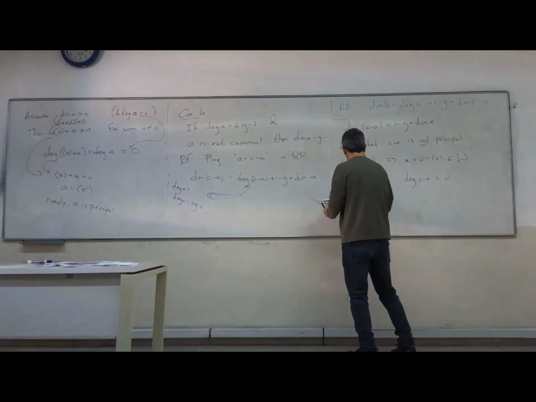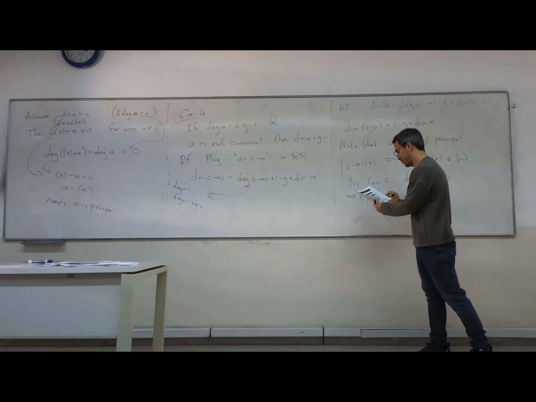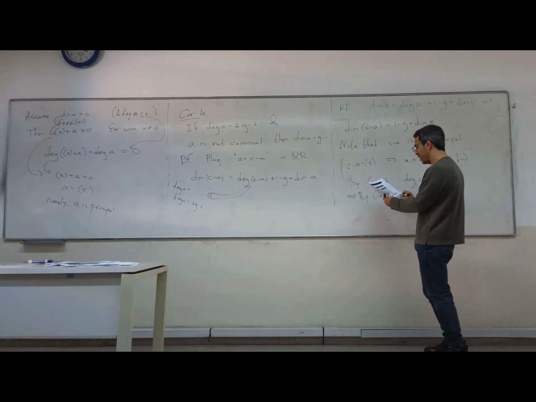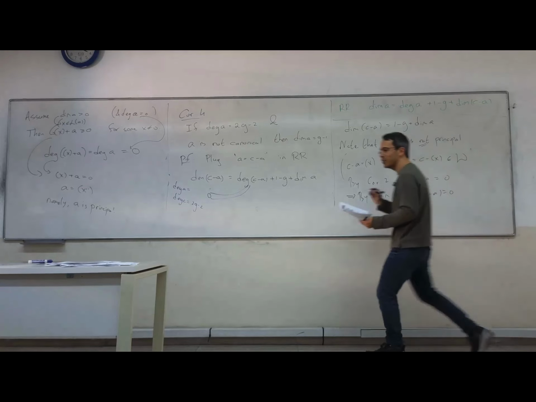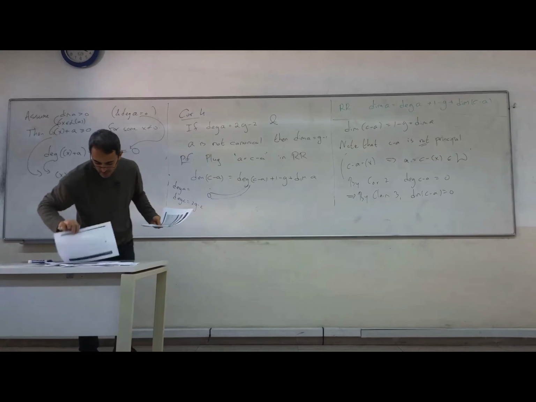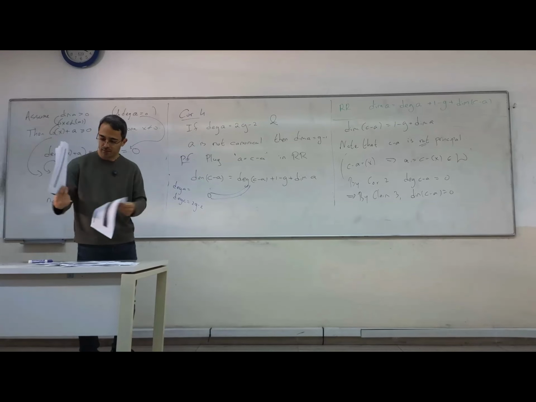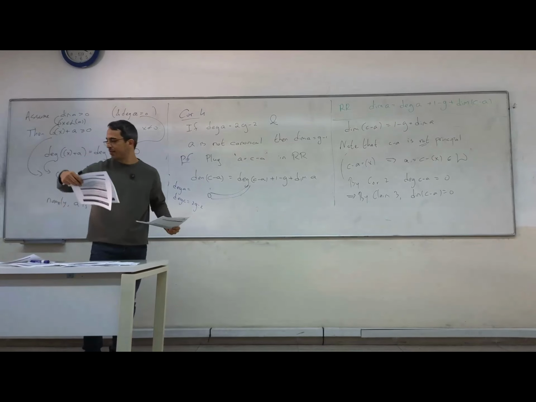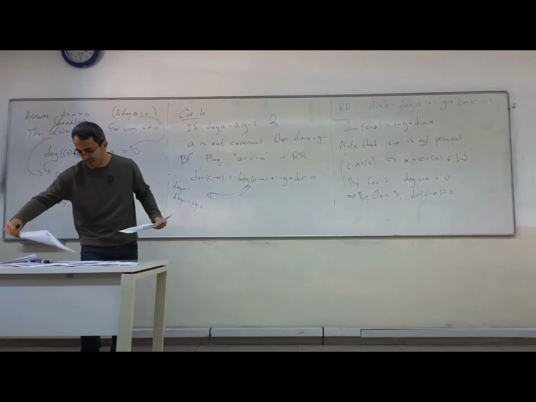And therefore, by claim 3, the dimension of C minus A is 0. Claim 3 told us, it was about the degree 0 divisors.